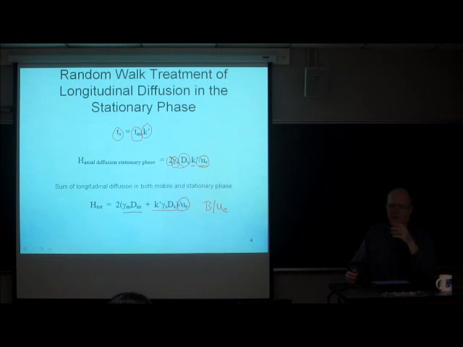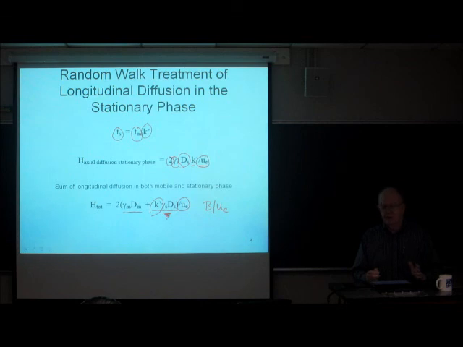If it was a polymeric liquid, it could be 10 to the 5 or 10 to the 6. This term in gas chromatography is generally not very important, even if you've got something that's really well retained. You'd need a chromatography with a k prime of 10,000. It's just not going to happen. It would take too long for it to come out. So this term is usually negligible in GC.